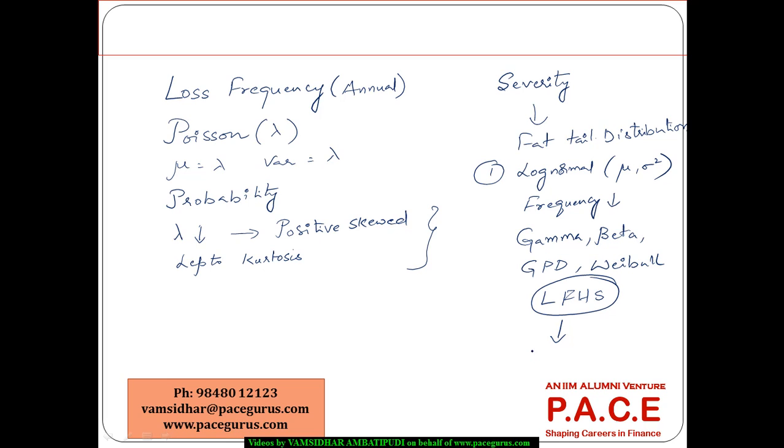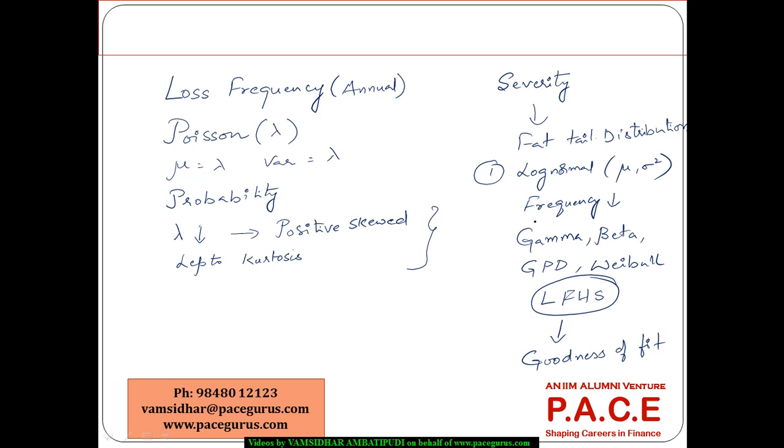At the max, all I have to do is come out with each of these distributions and finally do a goodness of fit test. Which of these distributions is fitting much more appropriately to the data?